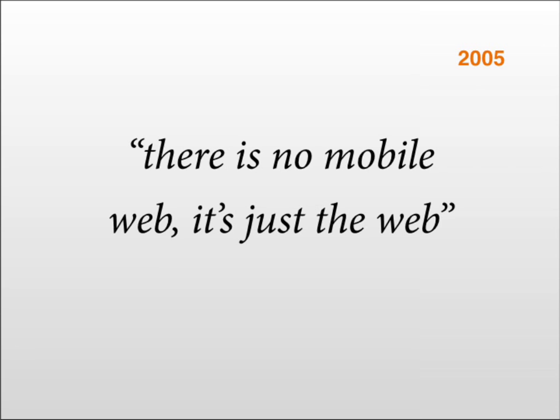So it's not a different web that we have on mobile, but it's a different device, okay? So from a user's perspective, it shouldn't be a different web. It's just the web. It's just the New York Times, right? But from our point of view, I'm talking about designers, developers, web producers, it's a different web because we need to use different techniques. So that's why the mobile web still exists from a developer's perspective, okay?